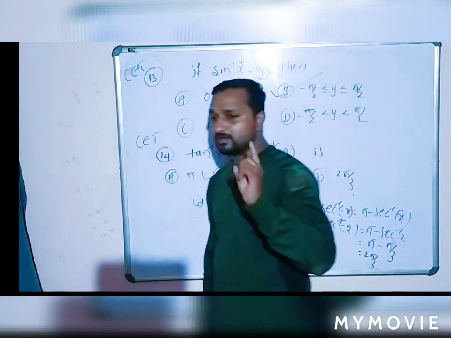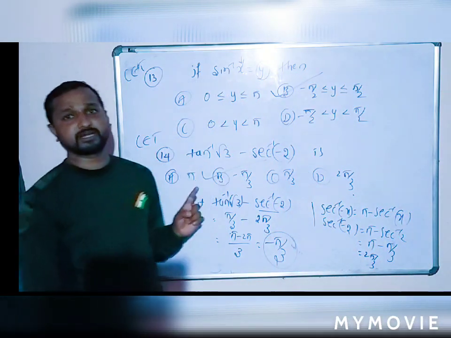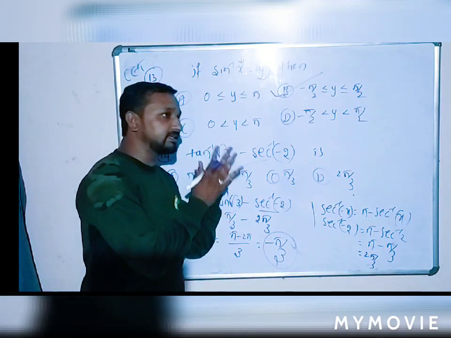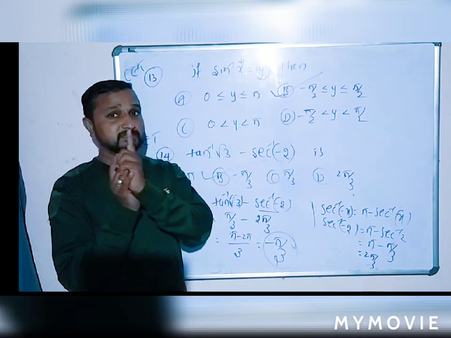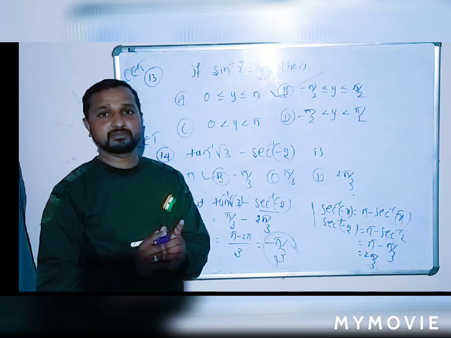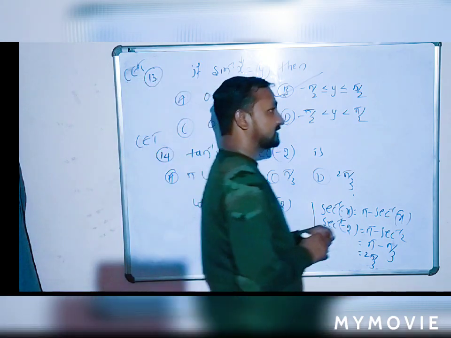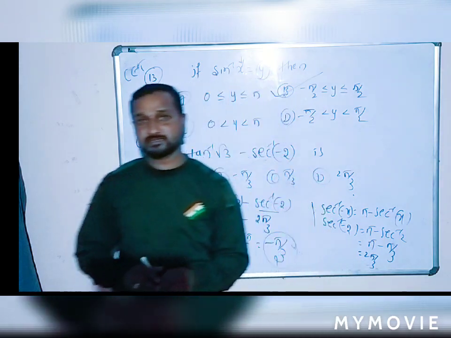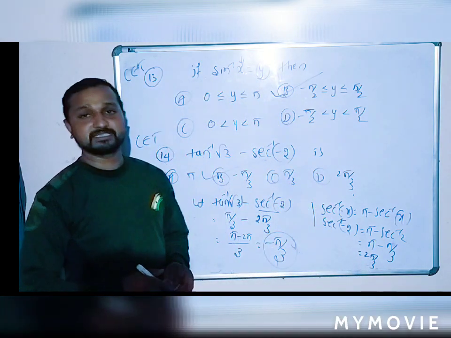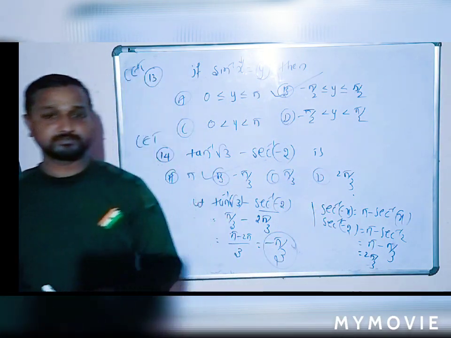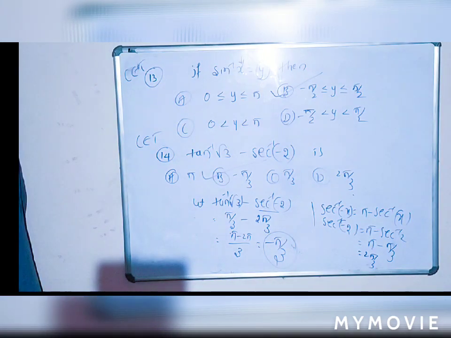Here in this example, principal values are very important. By using the property, we solve for the principal value. That is a very easy process. Students, this is all about the first exercise. Then next class we'll discuss the second exercise. Okay? Thank you.